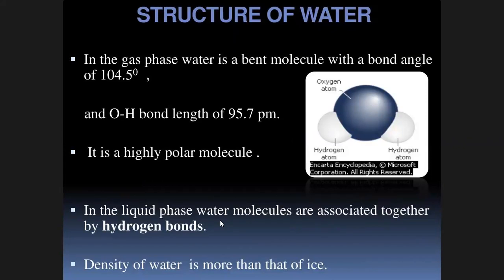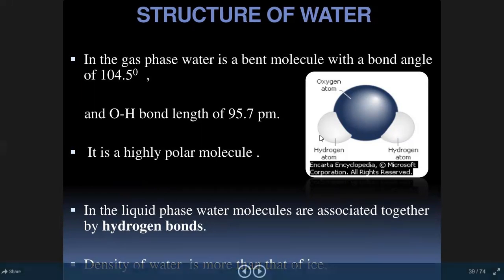Let's just talk about the structure of water. As we know very well, one oxygen atom combines with two hydrogen atoms, and there will be a bond angle of 104.5 degrees. In the gaseous state, water is a bent molecule with a bond angle of 104.5 degrees, and the O-H bond length will be 95.7 picometer.